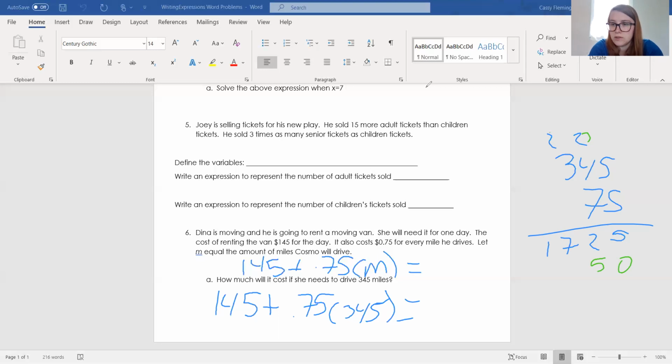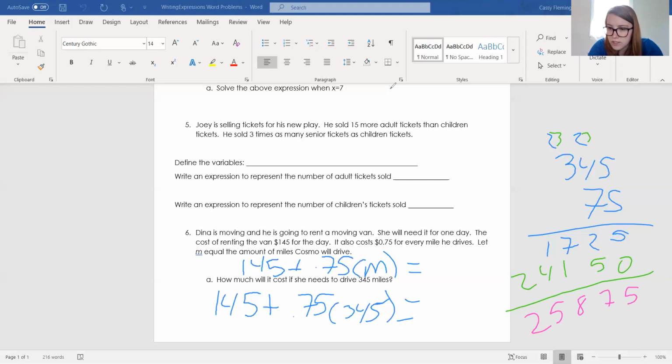Plus 3 is 31. 7 times 3 is 21. Plus 3 is 24. If we add these together, 5 plus 0 is 5. 2 plus 5 is 7. 7 plus 1 is 8. 4 plus 1 is 5. 2 plus nothing is 2.